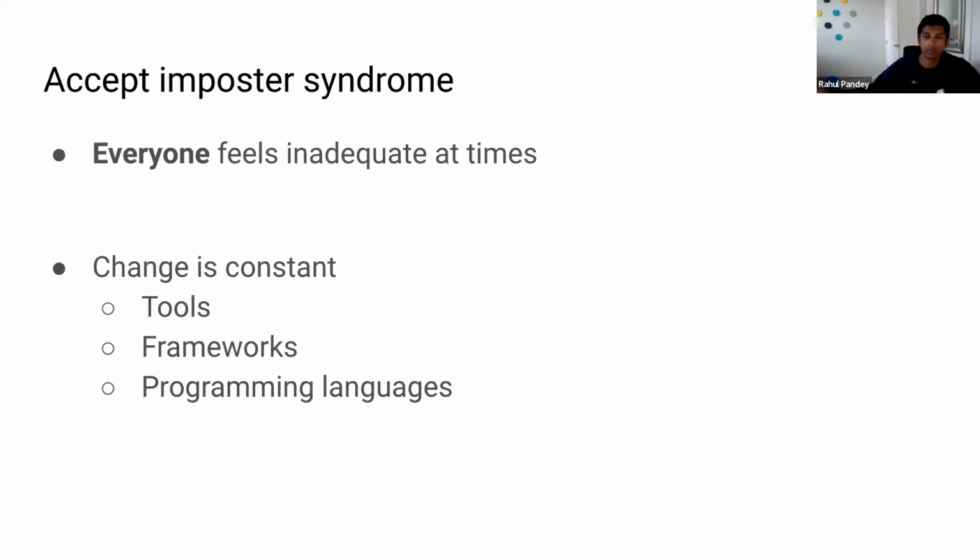And you have to be okay with not knowing everything. You have to go through the paces of, okay, let me figure out what Kotlin is, what is different about it, how do I get back to the same level of competency as what I was. If we acknowledge that imposter syndrome is going to be there, then I feel like we'll be much more forgiving to ourselves when we are spending time learning or relearning these tools, frameworks, languages.